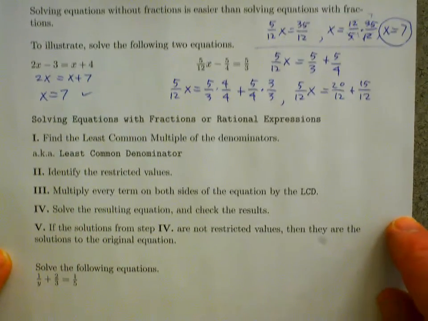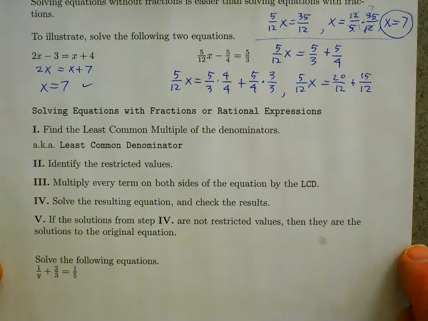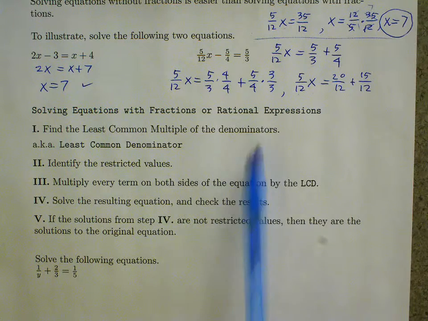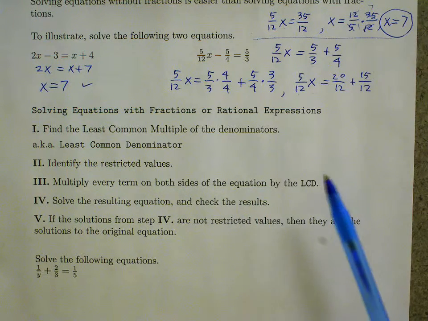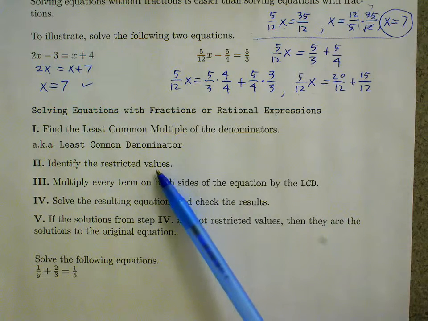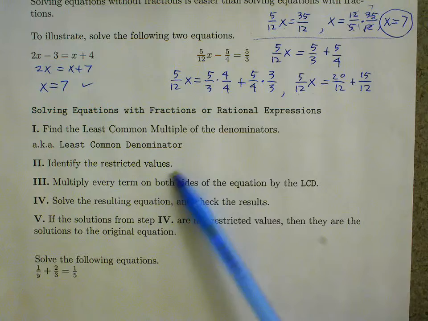Okay, so I'll explain a procedure that you can follow to solve equations with fractions or rational expressions. First, find the least common multiple of the denominators. And then you also want to identify any restricted values that you might have.